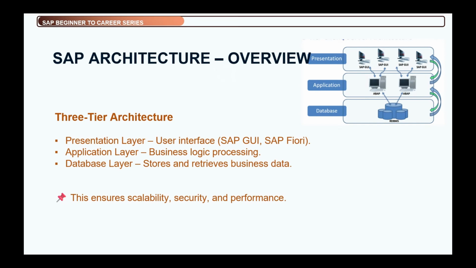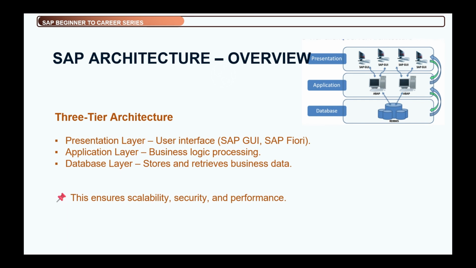This is the SAP architecture overview. SAP is a 3-tier architecture. So there are 3 layers as you can see on the screen. First one is the presentation layer. We call this the user interface. When it comes to the interface, there are 2 types, SAP GUI and SAP Fiori. Interface means what you can see when you are logged into your SAP system.